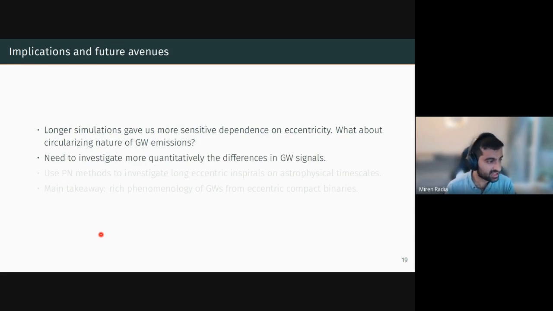We need to investigate more quantitatively the differences we observed in the gravitational wave signals, as there may be implications for parameter inference in future gravitational wave observations. We definitely think there should be a study using post-Newtonian methods to investigate longer eccentric inspirals on more astrophysical timescales.